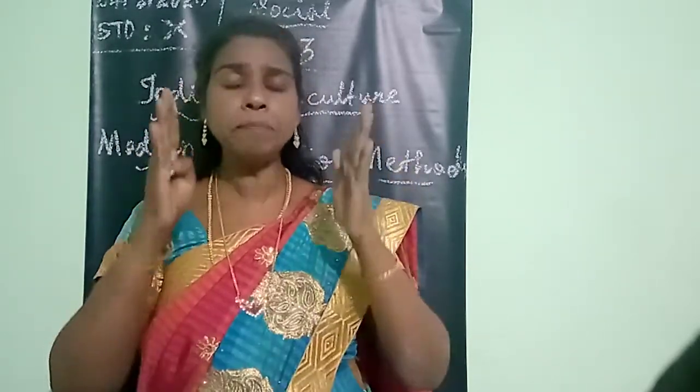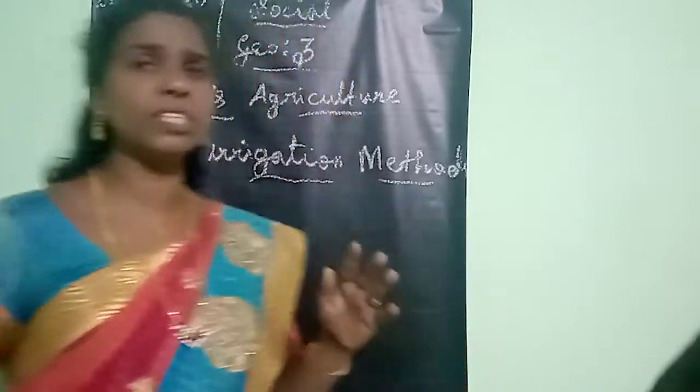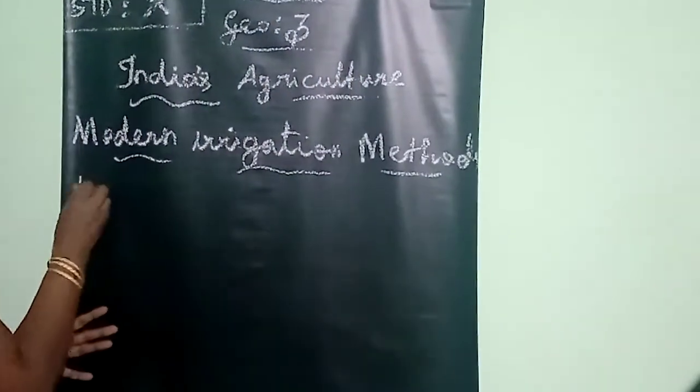There are many ways in modern irrigation methods, but mostly India practices 3 types of modern irrigation methods: drip irrigation, sprinkler irrigation and central pivot irrigation. The first one is drip irrigation.